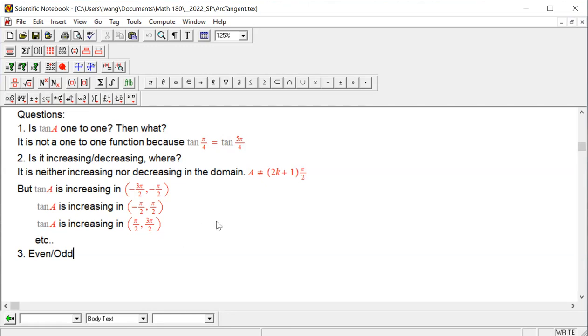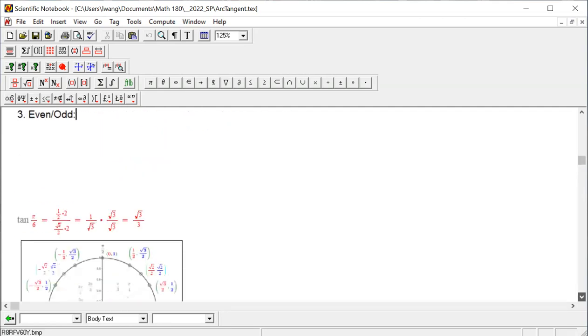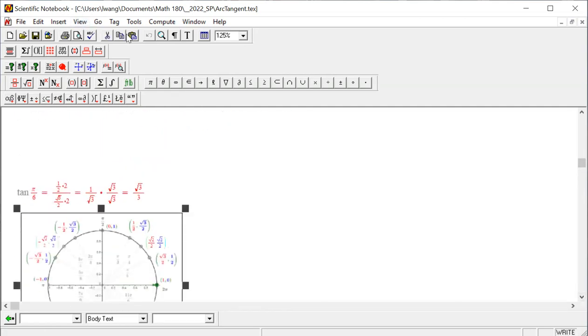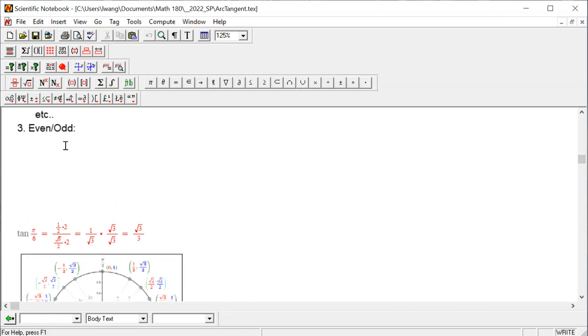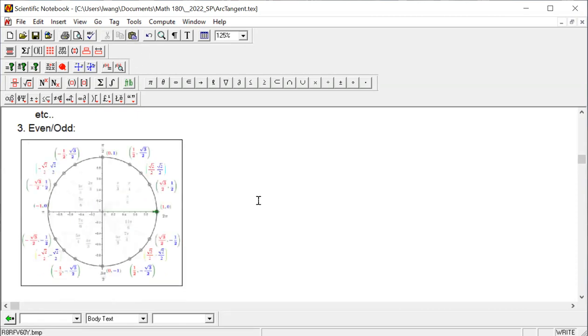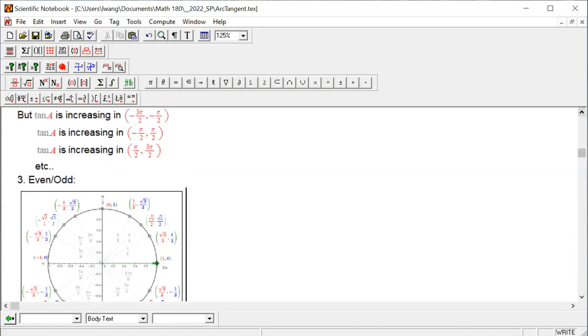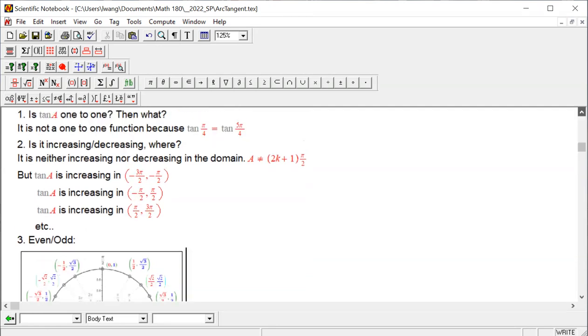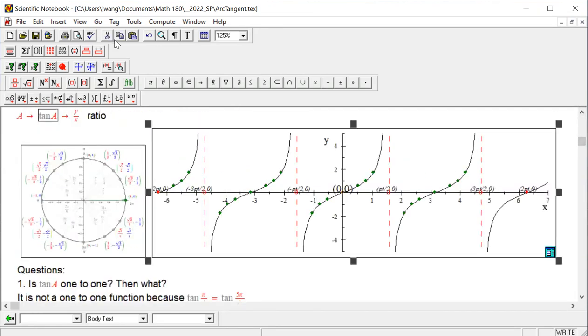What have we discovered? You can look at those tables, and let us also look at the unit circle and the graph. Which one shall we look at first? Let's look at the graph first.